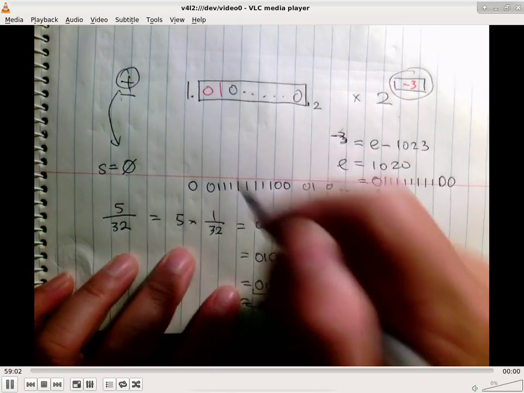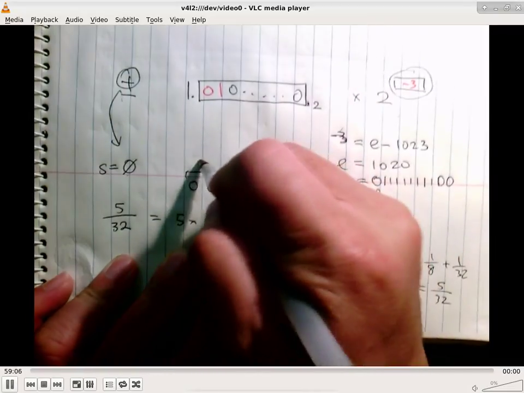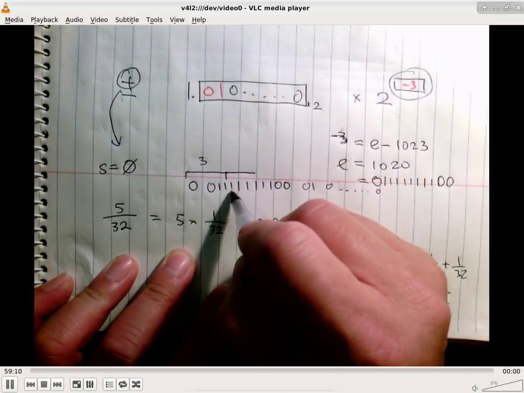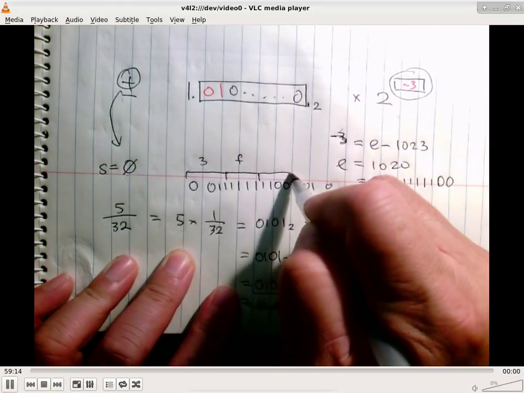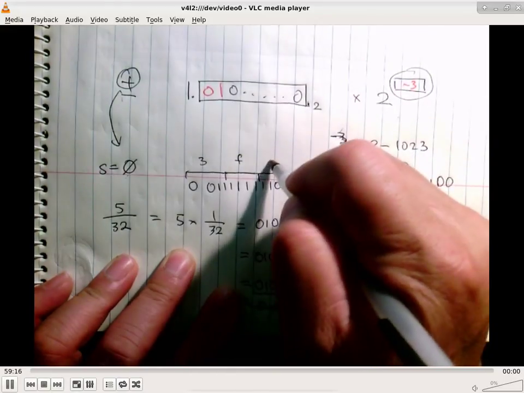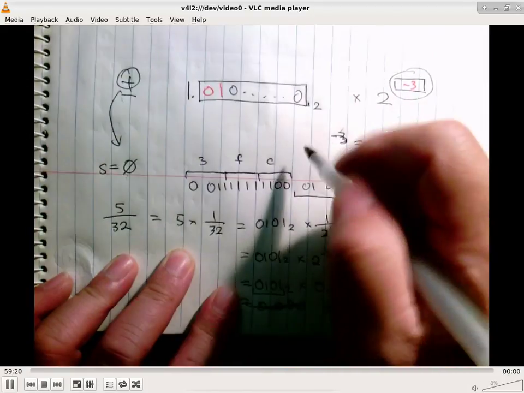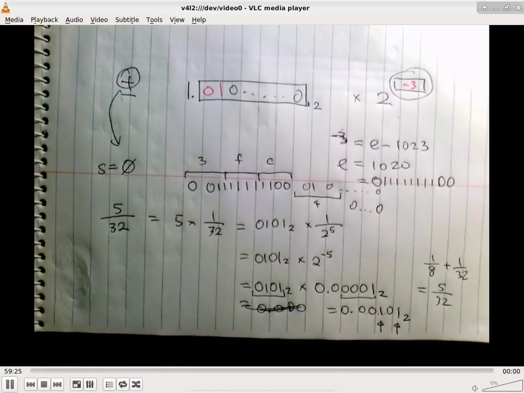Okay, so we group these things into groups of 4. So we got one group of 4 here, that's 3. We have another group of 4 here, 1, 2, 3, 4. That's an F. We have another group of 4 here, that's a C. And then we have another group of 4 here that is non-zero, that turns out to be 4, and then a whole bunch of zeros after that. Is that okay?